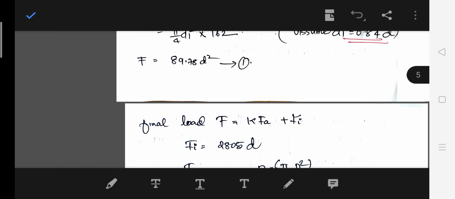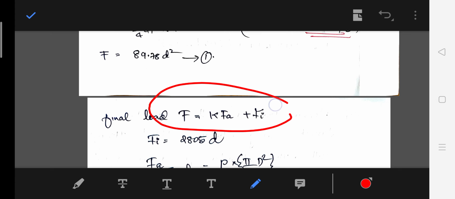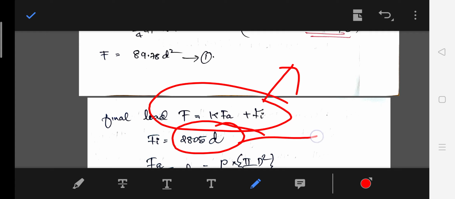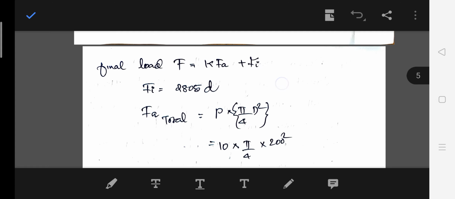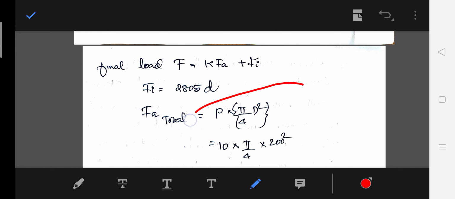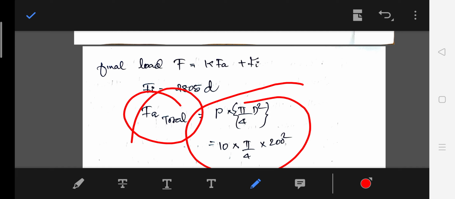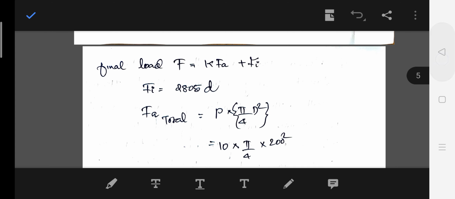Now we have the equation for final load: F is equal to K Fa plus Fi. We have Fi is equal to 2805 d, same equation as before, and K is not given. First we need to find Fa. Initially we find the total Fa, that is pressure into pi by 4 capital D square.